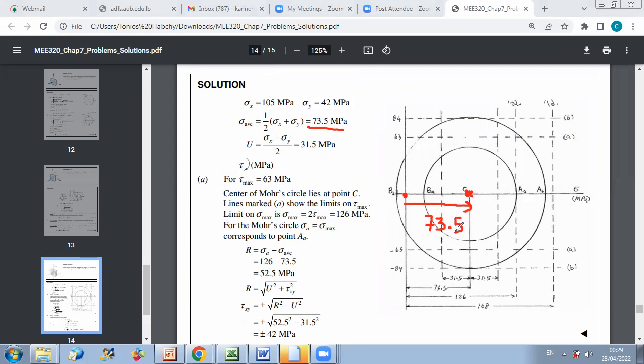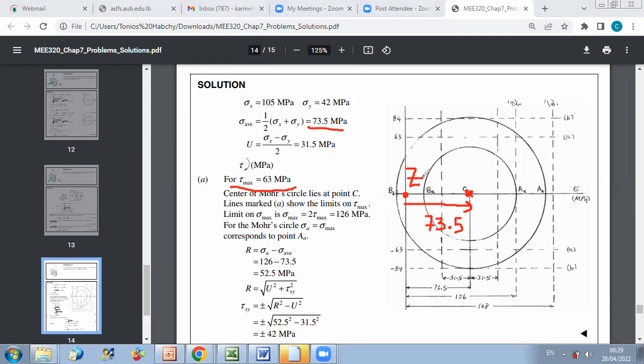Now, in the first case, you want tau max to be 63 megapascal. Okay, and you know that because it's a 2D plane stress case, then the third principal axis will be the z axis. So you know that one of your principal axes is z because you are in the case of 2D plane stress.